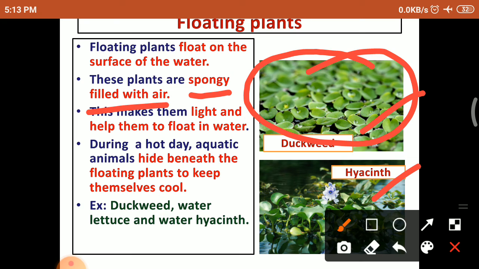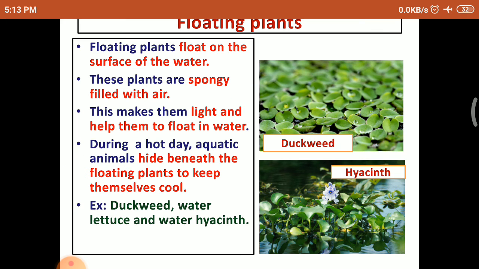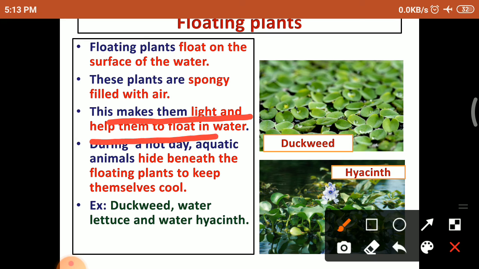The stem and the leaves are always filled with air, so it looks like a sponge. And why does it have a spongy stem? Because this makes them light and helps them to float on water. If it were not spongy, it could not float on the water.